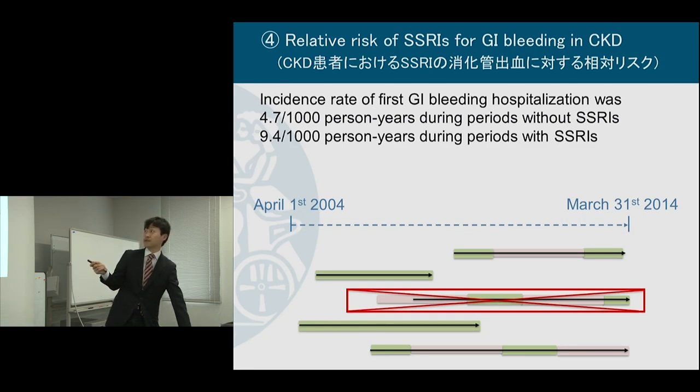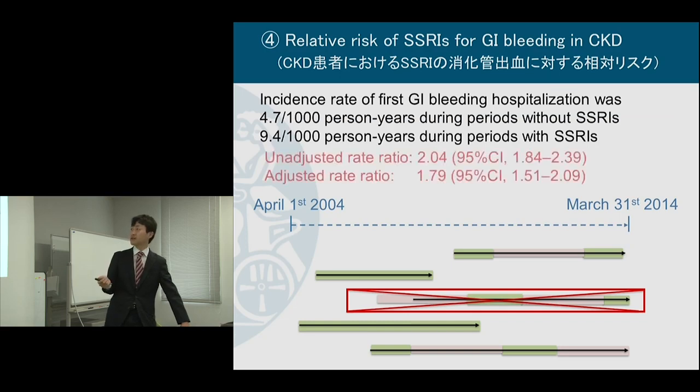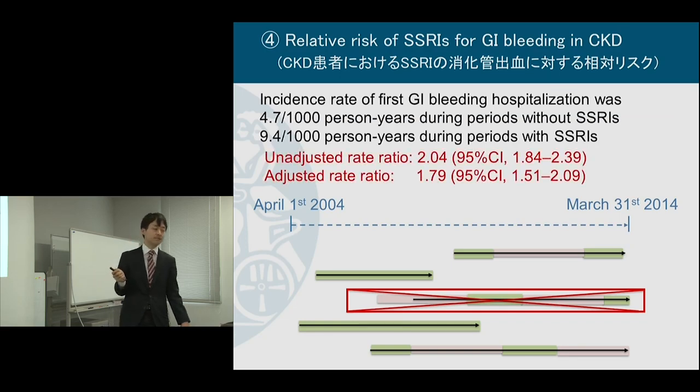The incidence rate of first-year bleeding was 4.7 during the green period and 9.4 during the pink period. If I conducted survival analysis by Poisson regression analysis, or you could use Cox regression analysis, this was 2.04.